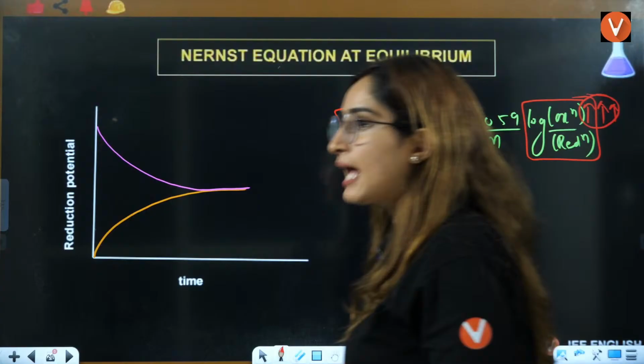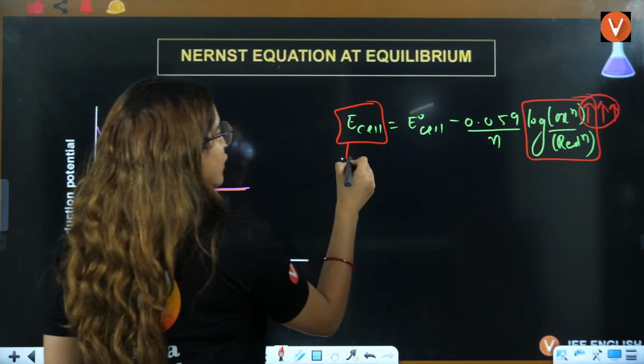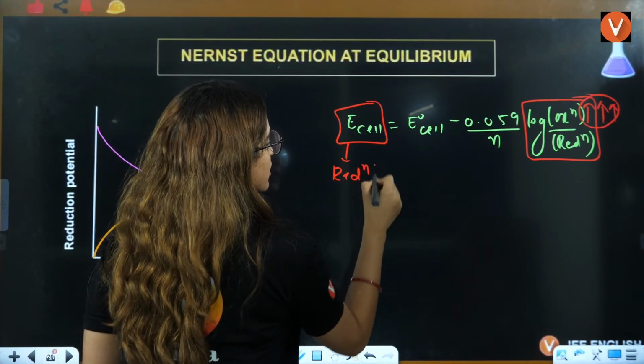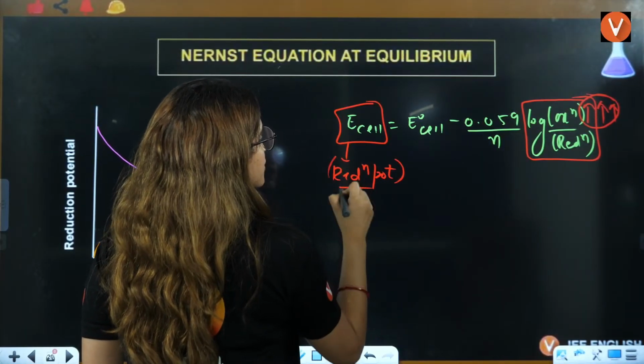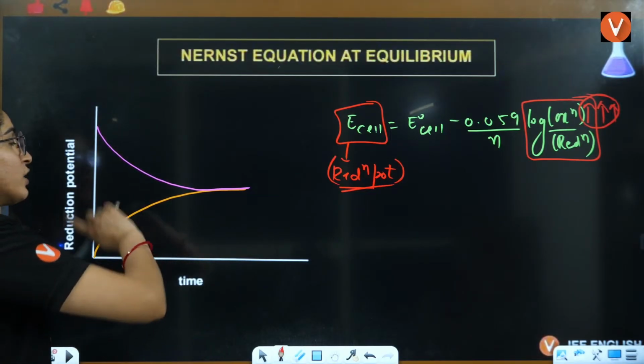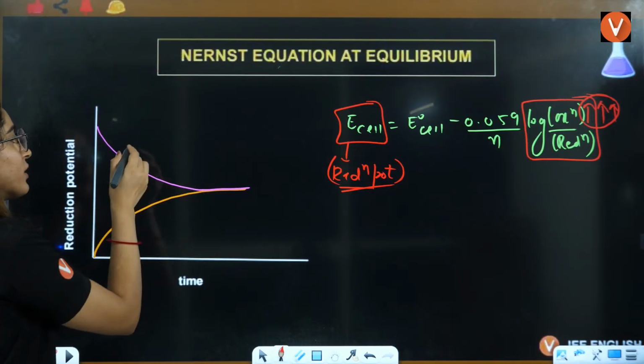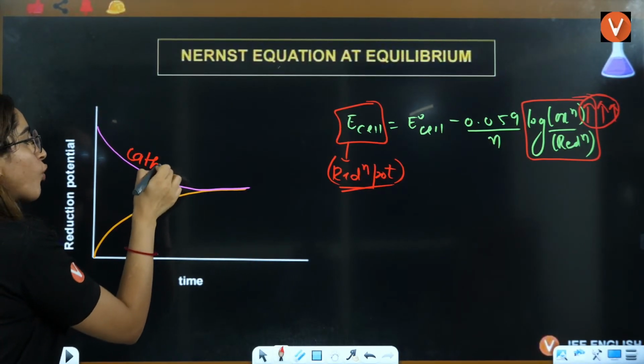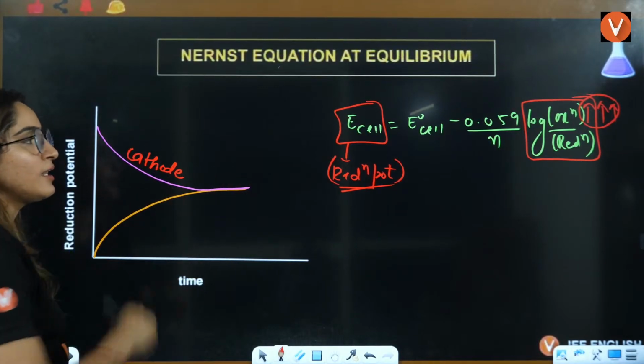Here we are calculating the reduction potential, so the reduction potential here will decrease. That's why, for the cathode, this is decreasing.